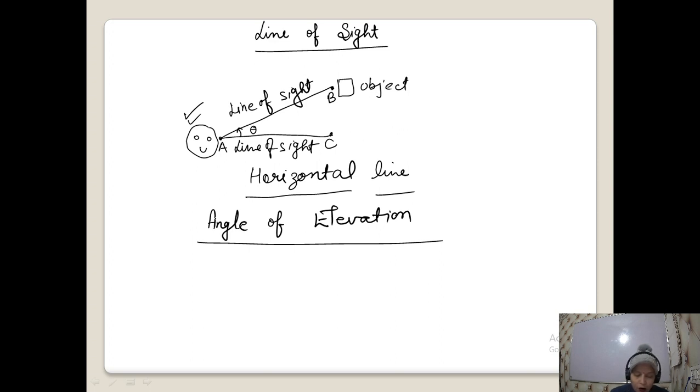Next is angle of depression. When an observer looks from his or her eye to a below object, this is the below object, when this observer looks down from his or her eye, then it makes angle of depression.